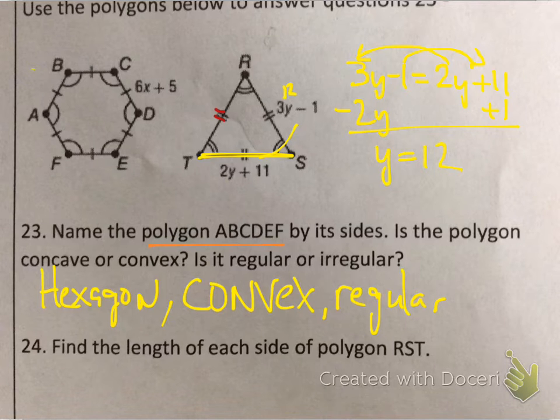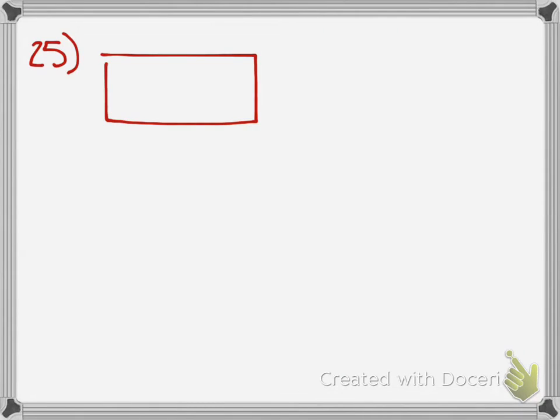That just tells me what y is, but the question wants the length of the sides. So I need to put the 12 in place of the y, either one: 3 times 12 is 36, minus 1 is 35. Or 2 times 12 is 24, plus 11 is 35. Notice that no matter what, you get an answer of 35. So the answer there was 35. Ooh, wow, that's like crazy intelligent.